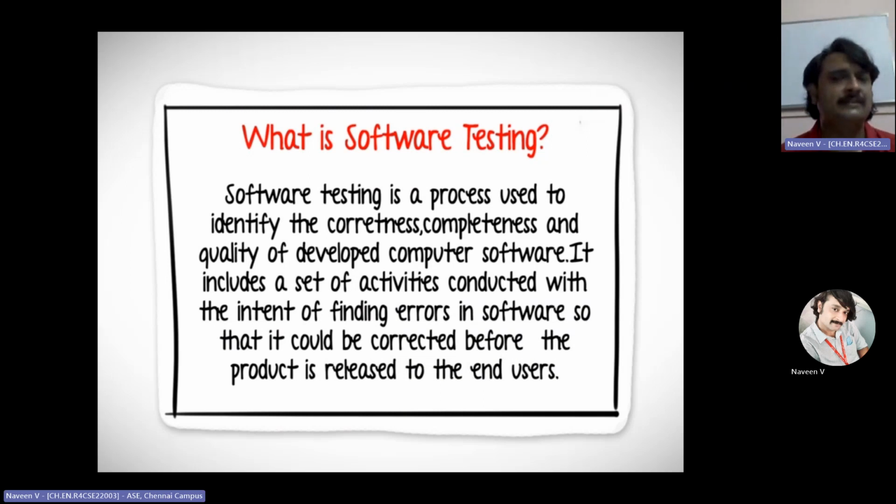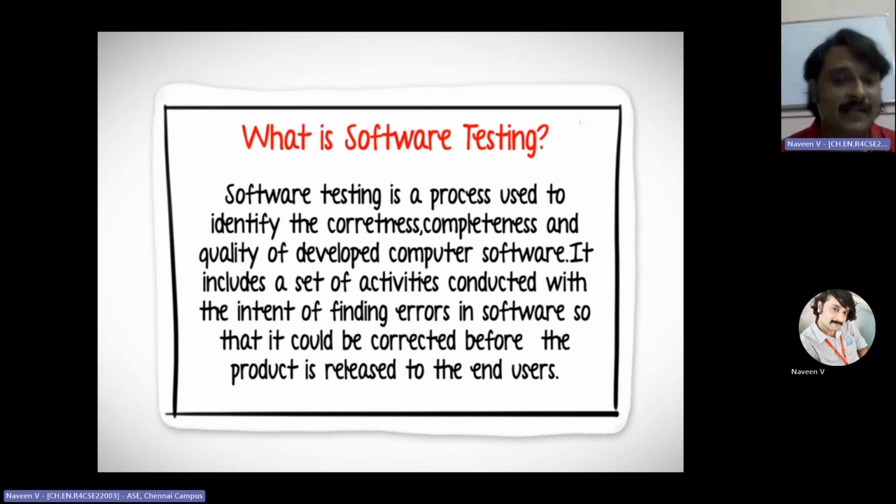So software testing is a process to ensure the correctness, completeness and quality of the software which we develop. For software testing, we carry out a set of activities conducted with the aim of finding the errors in that software, so that they can be corrected before the product is released to the end user.